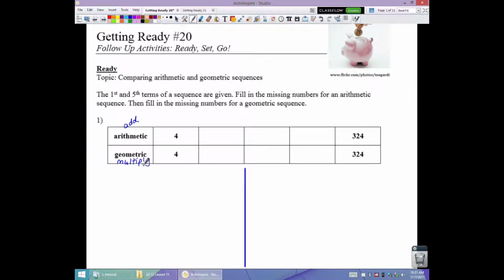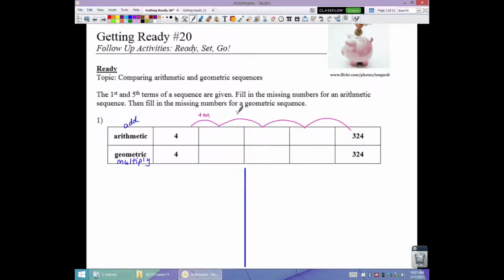All right, so we're going to have to do two totally separate problems. As you show your work, make sure you have an equation for each, for the arithmetic and for the geometric. Okay, so if arithmetic is adding, to get from 4 to 324, we must have added something once, twice, 3 times, 4 times.